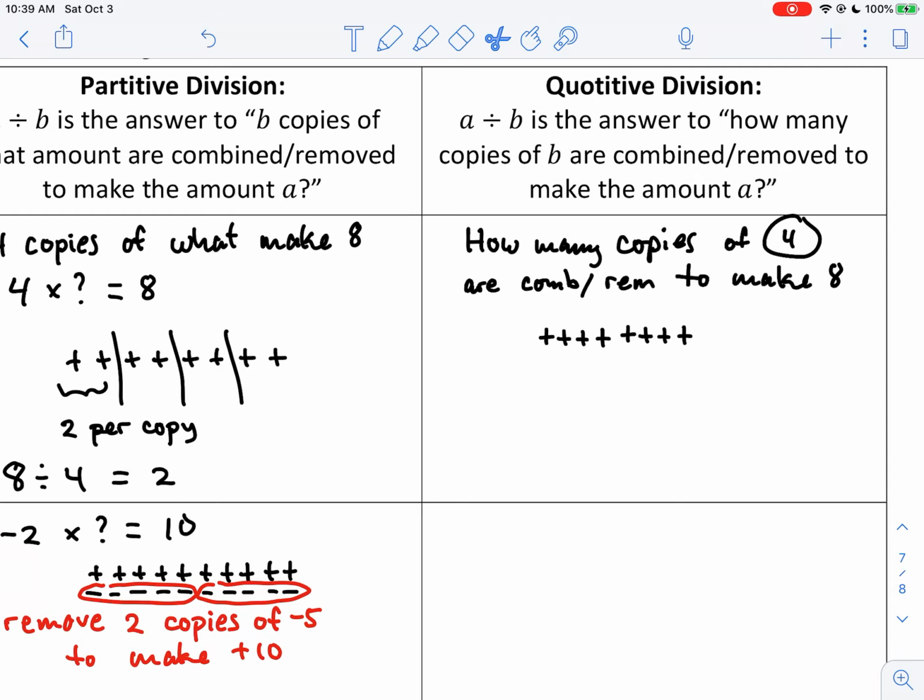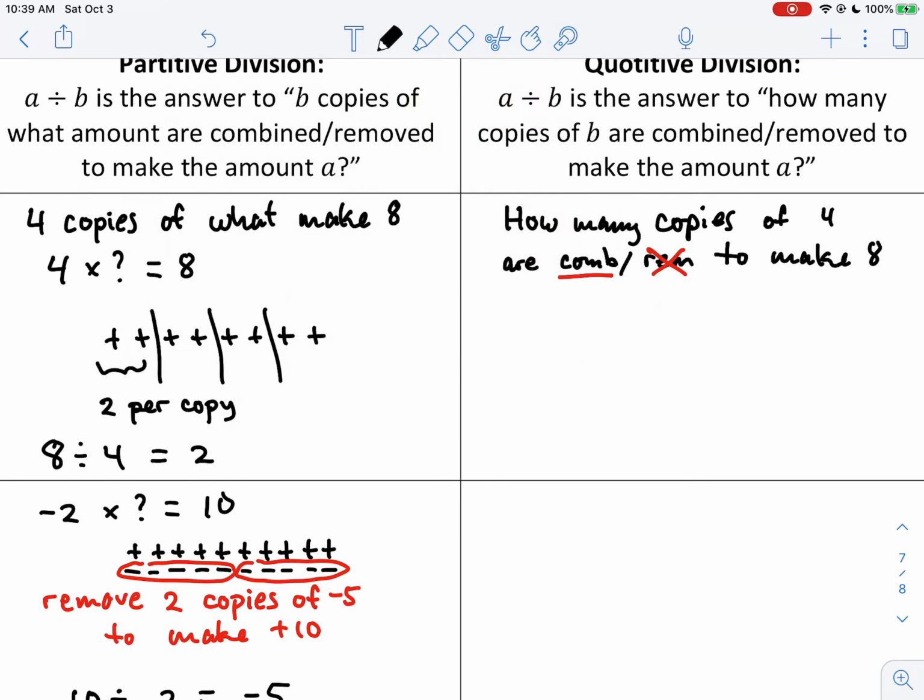But if you're starting with a positive and you're trying to result in a positive, then you don't need to do removing, you need to do combining. Right? So the first thing we want to settle on is that we are going to combine, not remove, in this case. We want to combine copies of 4 to make 8. When they're both positive, then you just need to do combining to make it happen.